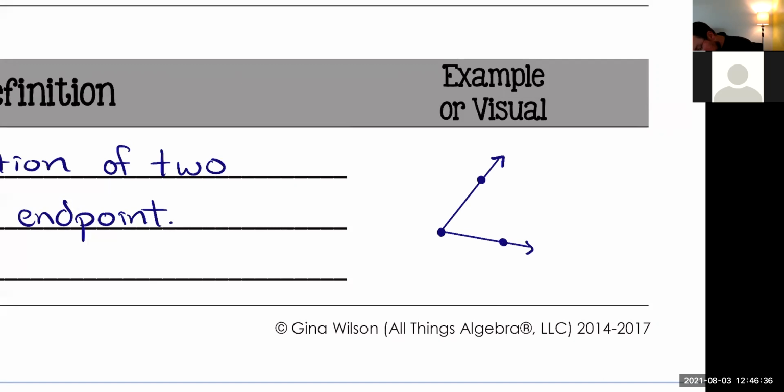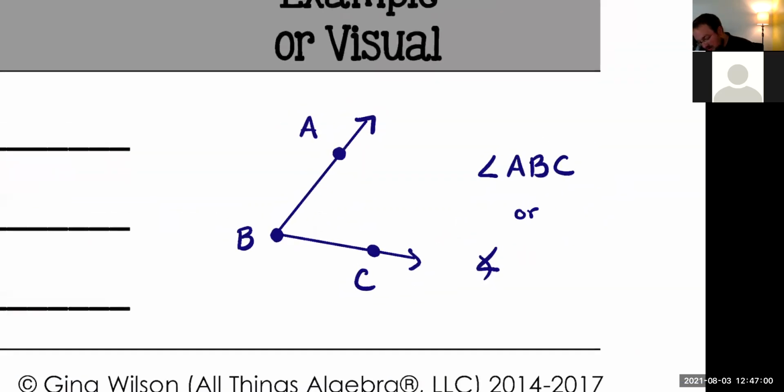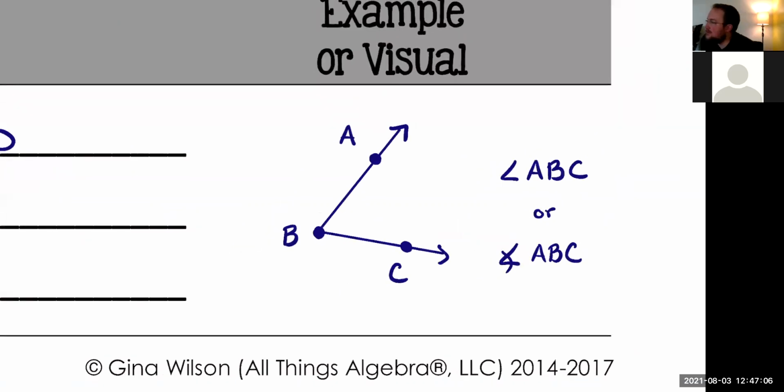I'll label this one A, B, C. And the notation that you would typically see, especially if written in text, would be angle ABC, or there's a slight differentiation. Sometimes you'll see this symbol. I don't know why they can't just be consistent. They basically represent the same thing.